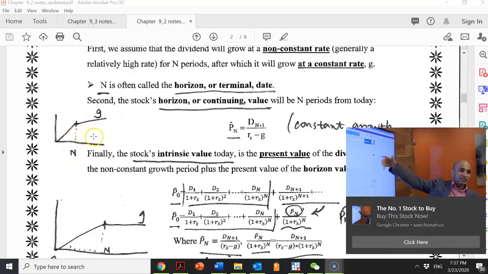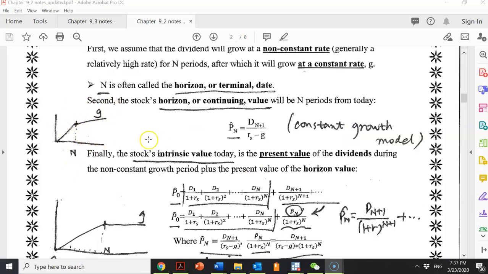So after we use constant growth model to discount all the dividends in the second stage to date n, we can discount it to present. And we also discount all the dividends in the first stage to present. Add them up, we will have all the discounted value of all the dividends to present. And that's the stock price today.